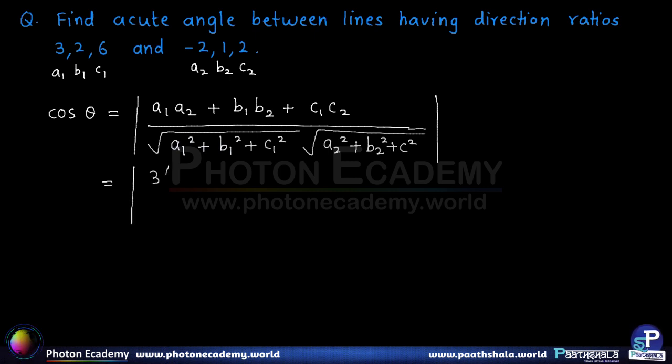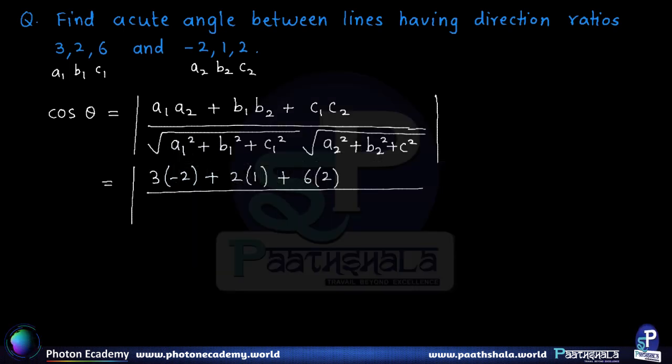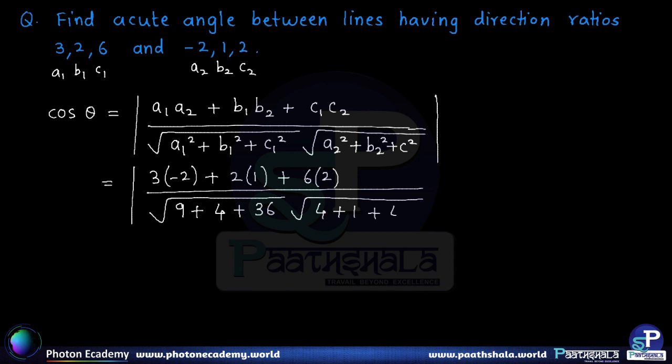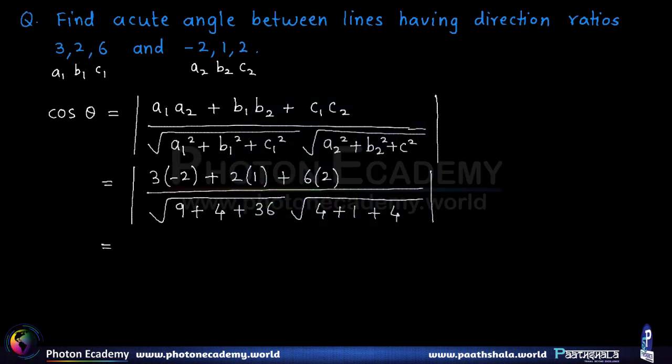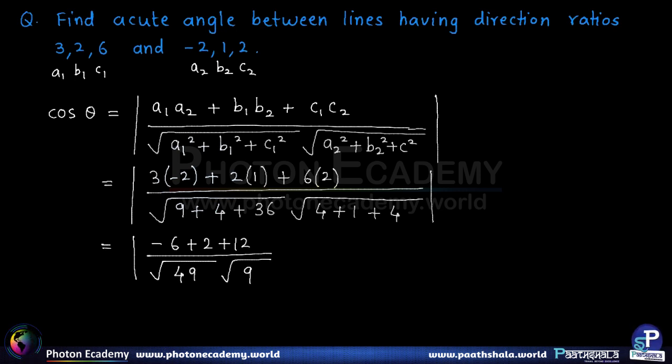Therefore we have 3 into -2 plus 2 into 1 plus 6 into 2 divided by 3 square is 9, 2 square is 4 plus 36, into 4 plus 1 plus 4. So that equals -6 plus 2 plus 12 divided by root of 49 into root of 9.